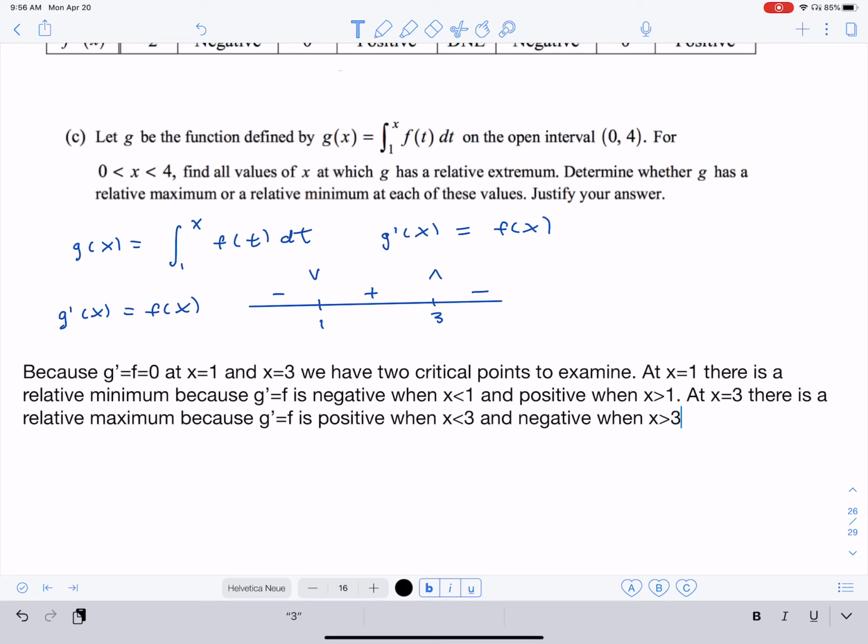Perfect. Though kind of sloppy English, but whatever. This is not an English class.